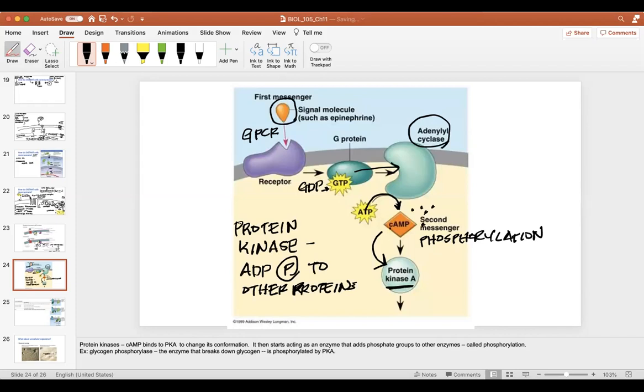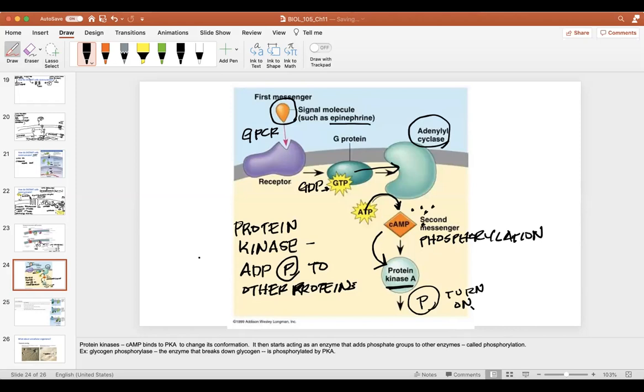Okay, so cyclic AMP comes along, it activates this protein kinase. This protein kinase then adds phosphate groups to enzymes and proteins that are involved in your epinephrine fight or flight response. So by adding phosphate groups, we are turning on proteins, okay?